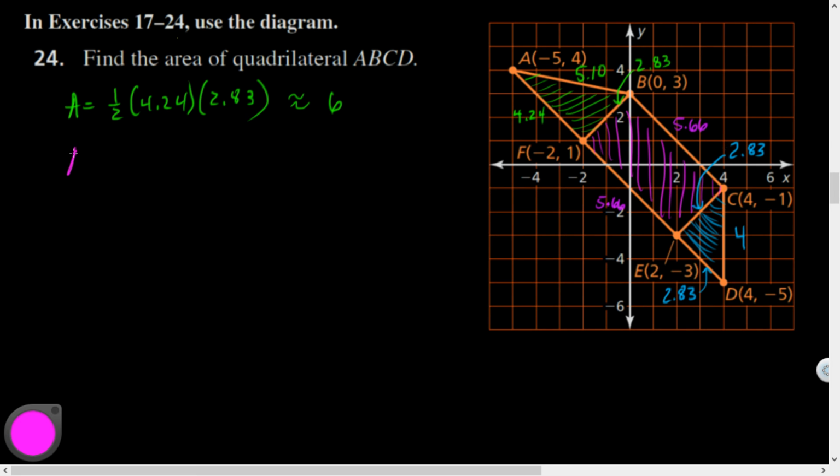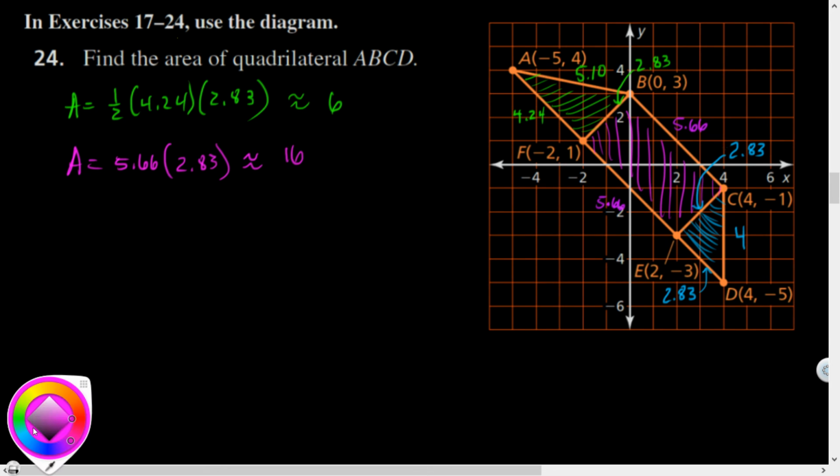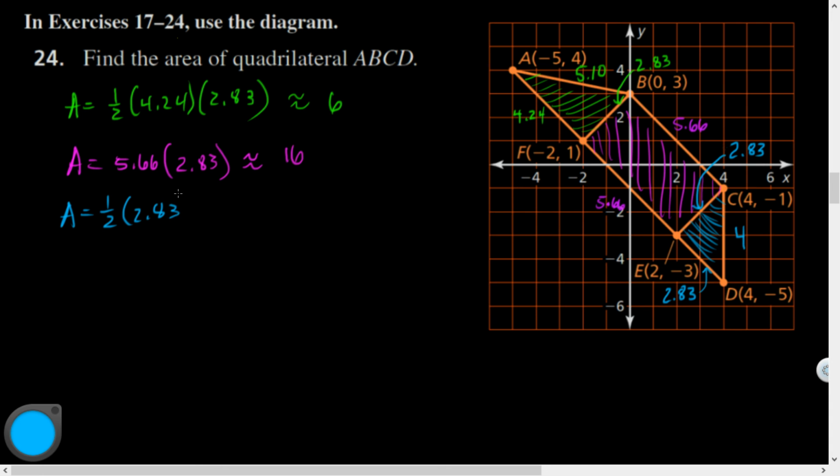Let's see, the area of the rectangle would have just been base times height, so that would have been 5.66 multiplied by the 2.83. And this one's actually going to be an exact value as well, isn't it? 16. And the area of the little blue triangle would have been half of 2.83, multiplied by, if this is the base, then I'm calling this the height, another 2.83.